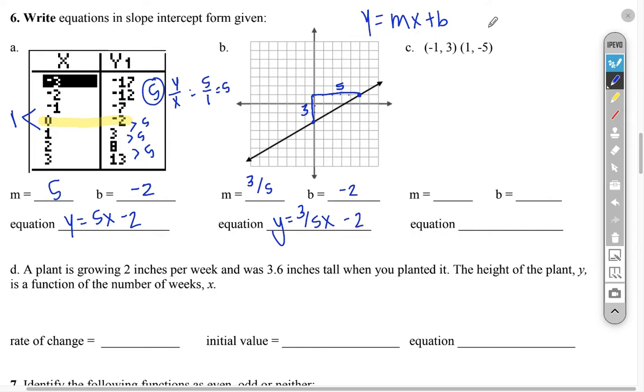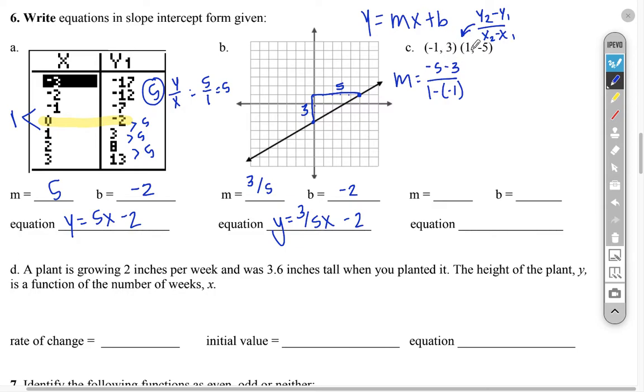All right, now we were given two ordered pairs. So the first thing that we need to do is find our slope. And remember, we use y2 minus y1 over x2 minus x1. So that's what we're going to do. So we've got m equals -5 minus 3 over 1 minus -1, right?